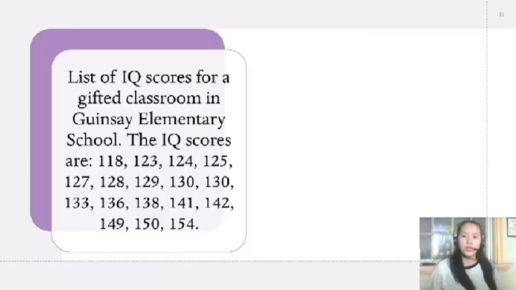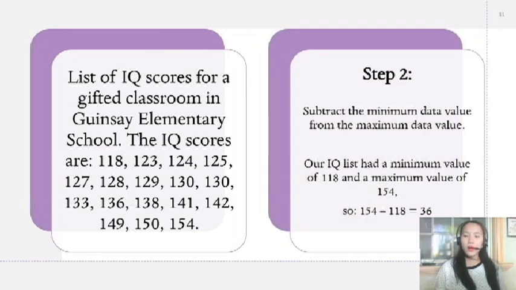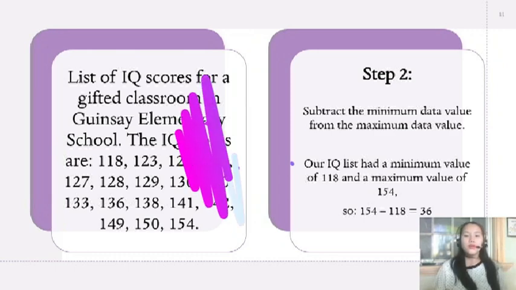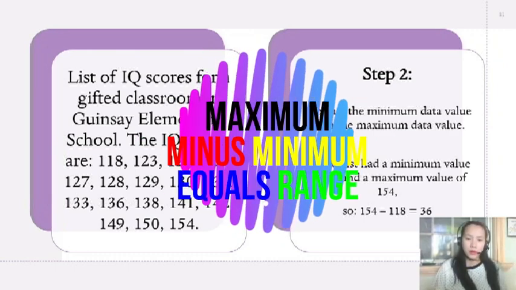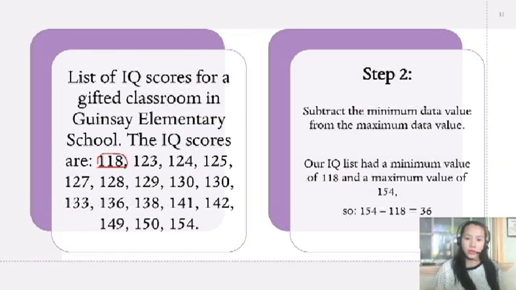So these are the list of IQ scores. For step 2, subtract the minimum data value from the maximum data value. Looking at our IQ list, the minimum was 118. That is the least that we can see in our list of values.